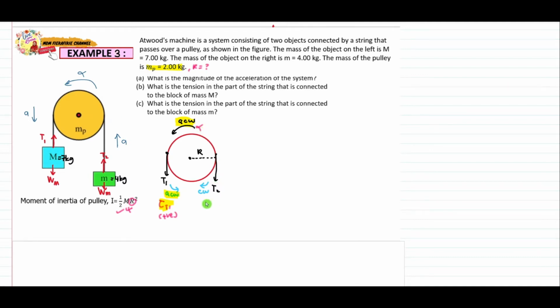Okay, so torque due to T2 should be negative when you write the equation of net torque is equal to I alpha. Okay, so total torque is equal to I alpha.